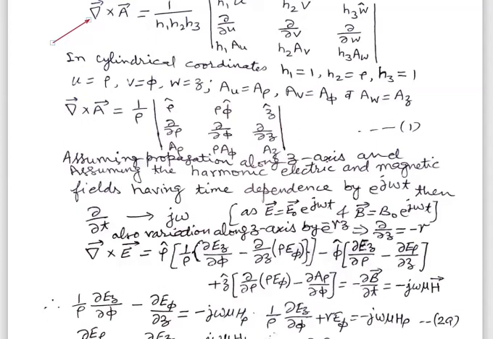And when the wave propagates along the z-axis, then the variation along the z-axis will be given by e raised to the power minus gamma z, and therefore the operator del over del z may be replaced by minus gamma.